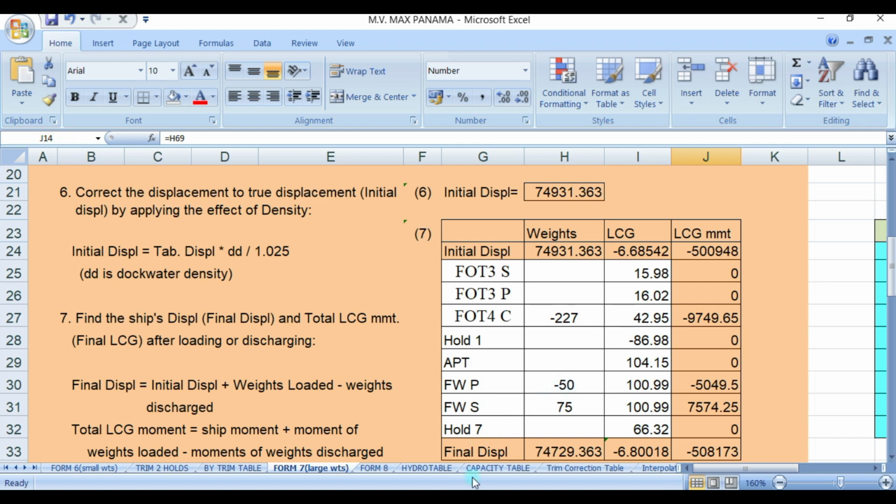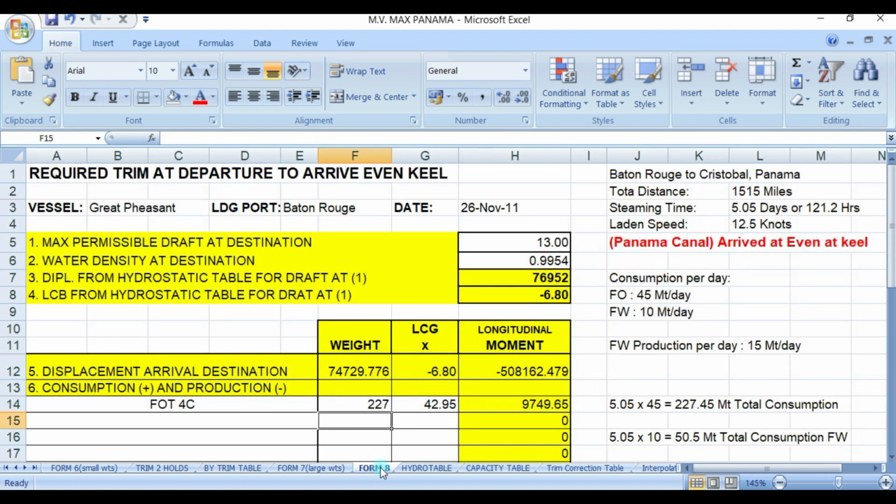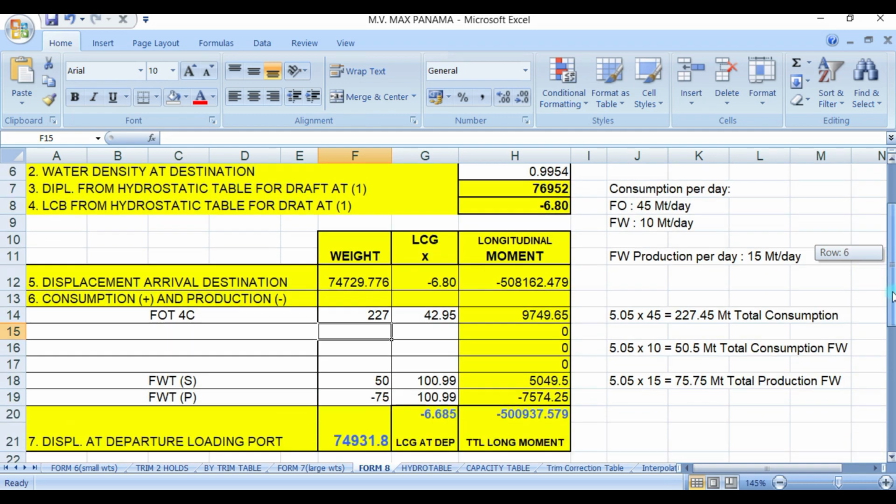In our previous video, we have a total consumption of 227 metric tons in fuel tank number 4 center, a total consumption of 50 tons of freshwater in freshwater tank starboard, and a production of 75 tons in freshwater tank port side.